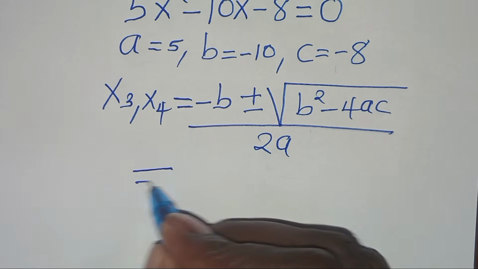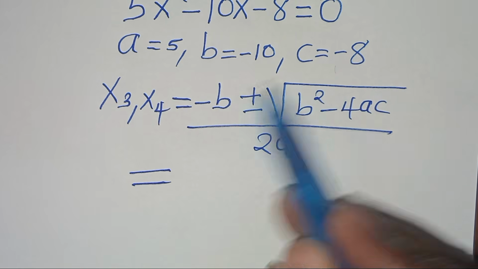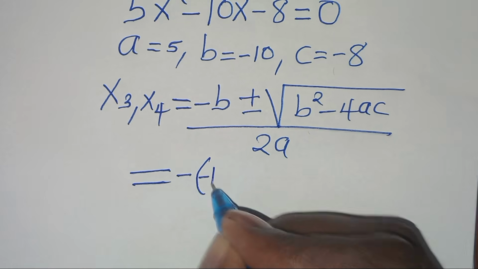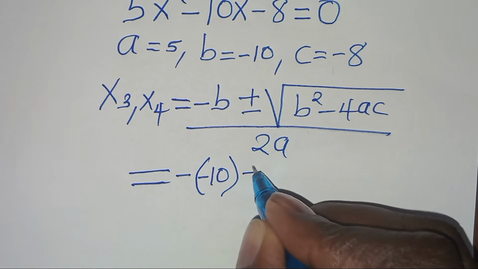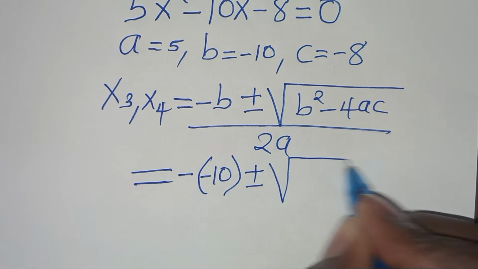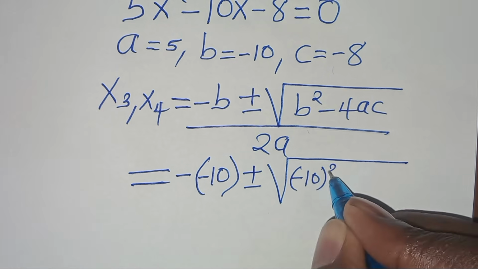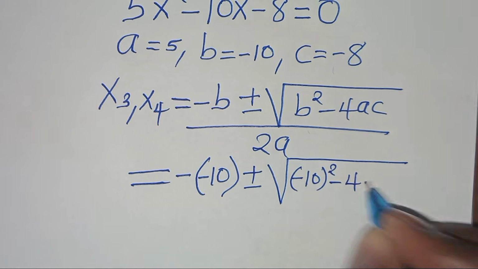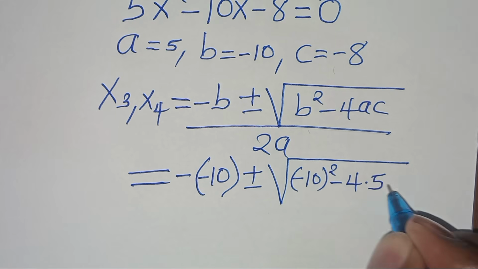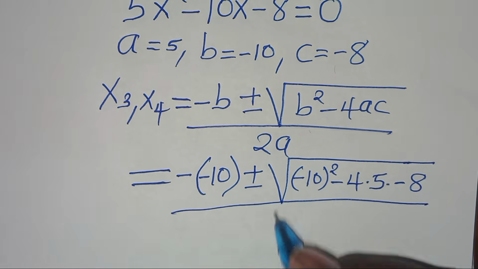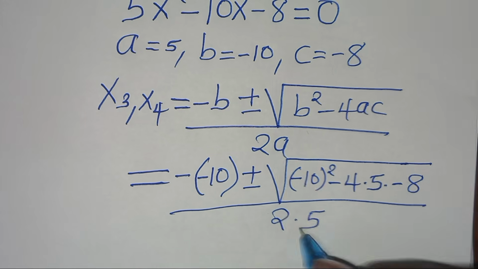So let's substitute the values of a, b, and c in this formula. We have negative times negative 10 plus or minus the square root of negative 10 to the power of 2 subtract 4 times a, which is 5, times c, which is negative 8, everything divided by 2 times 5.